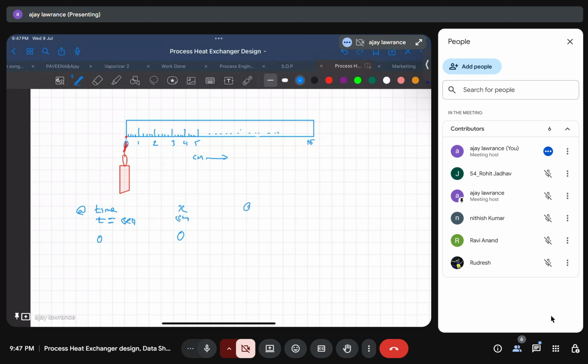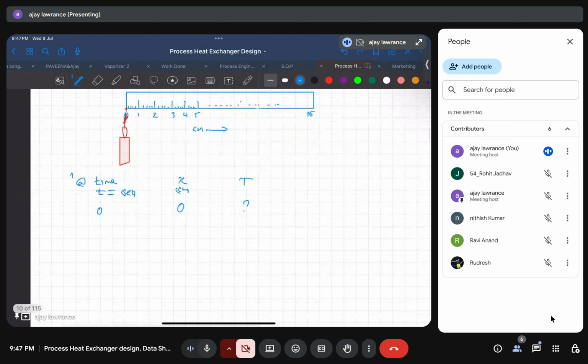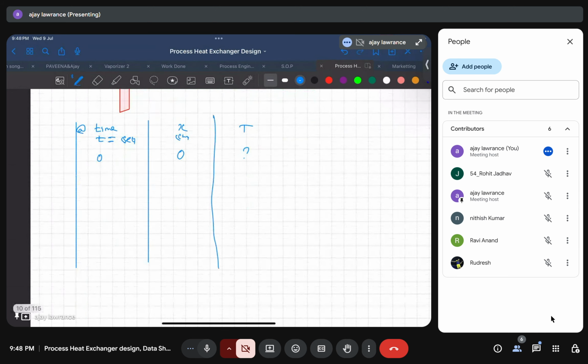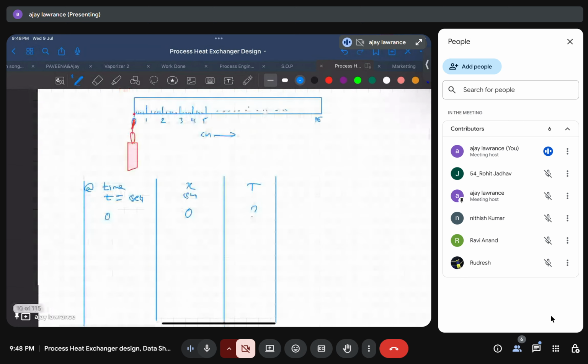what will be the temperature of the point 0 is my question. Let me explain the question clearly.